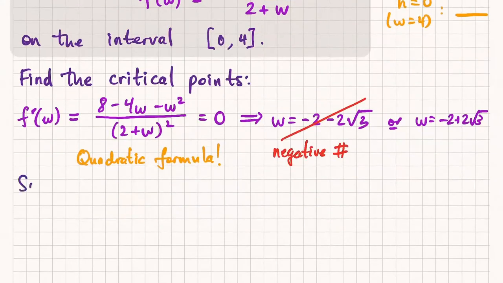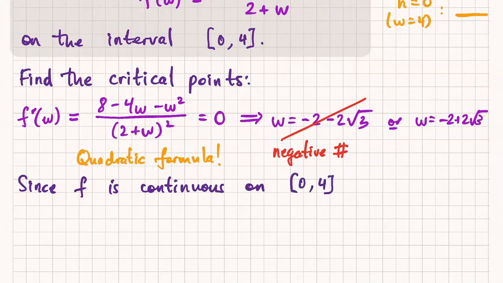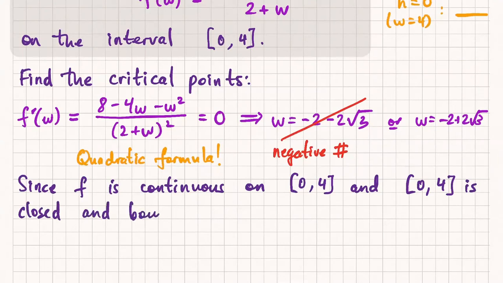So since f is continuous, specifically on this interval, it's not continuous for all numbers, but since f is continuous on [0, 4], and [0, 4] is closed and bounded, we know the min and max must exist.